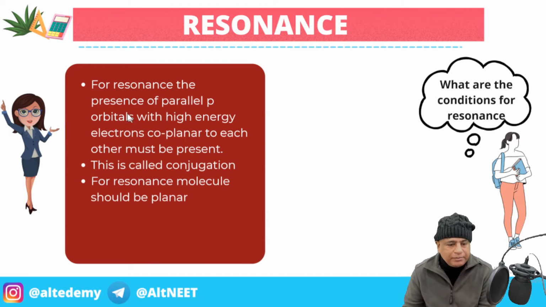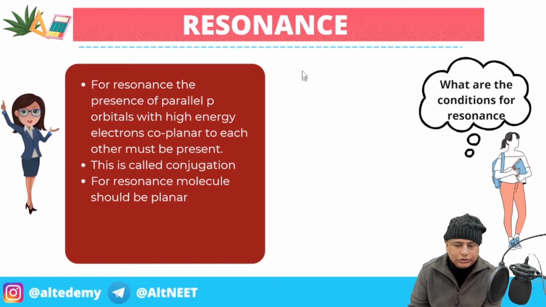For resonance, the presence of parallel p orbitals with high energy electrons coplanar to each other must be present. This is called conjugation. You might have heard about conjugation. You might have read about it, like this compound has a conjugation: CH2, CH, CH, double bond CH2.